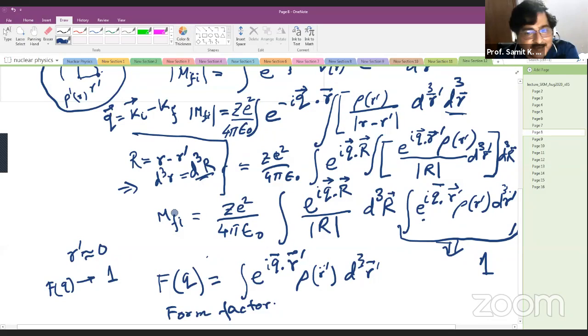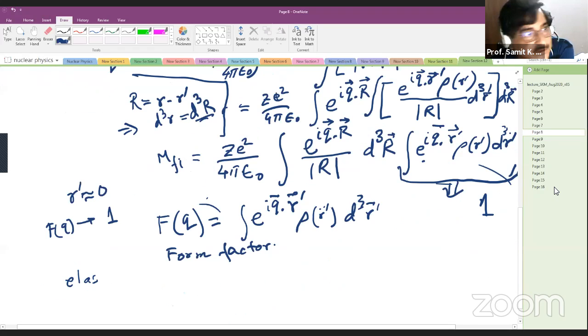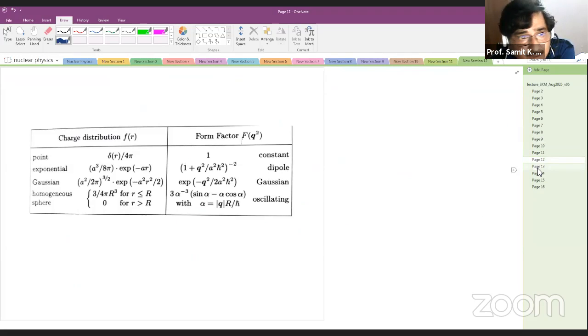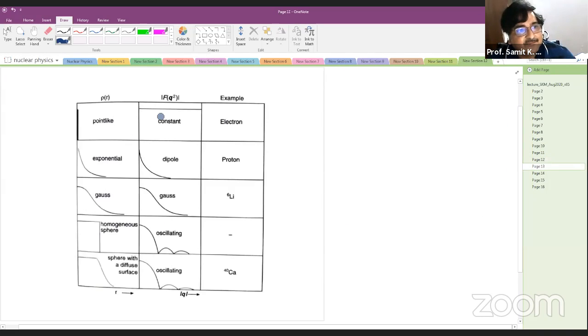Now for the simple case, when you consider elastic scattering, because we are just talking about elastic scattering, maybe I can show one piece of information here that I noted down. If this is the form factor we are talking about, if it is a constant, this is some constant value of the form factor.